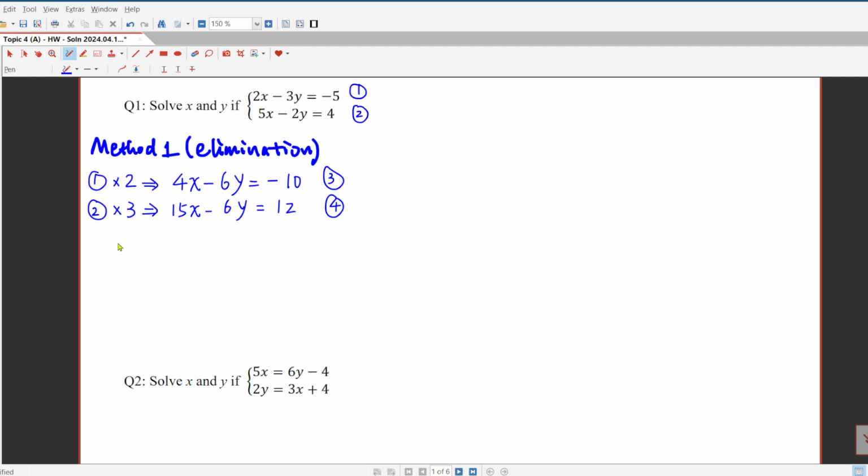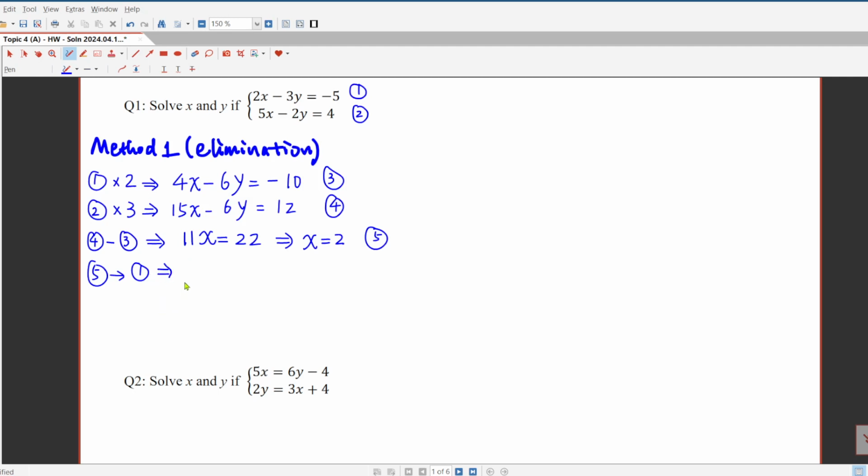Then let's use equation number 4 minus equation number 3, and this will give us, the left side is 11x, and the right side is 12 minus negative 10, which gives us 22, right? Therefore, we have x equals 2. And then let's put it back into either equation number 1 or 2. For example, let's use the first one.